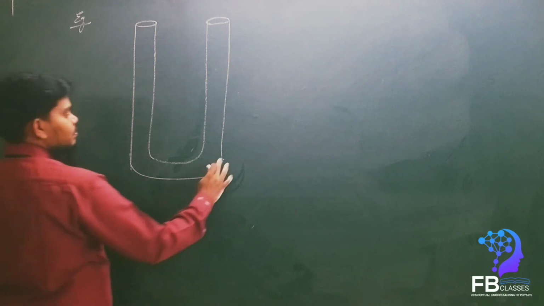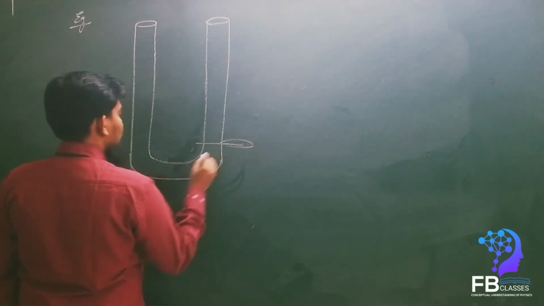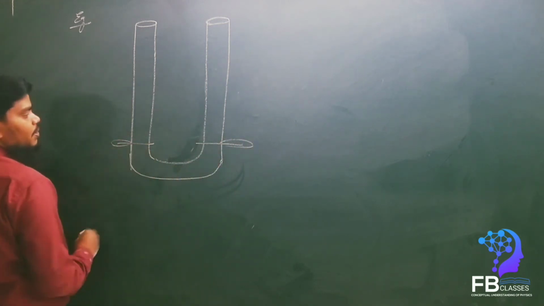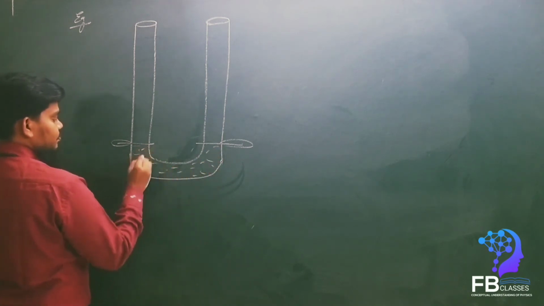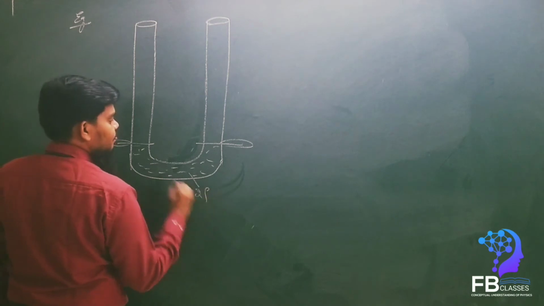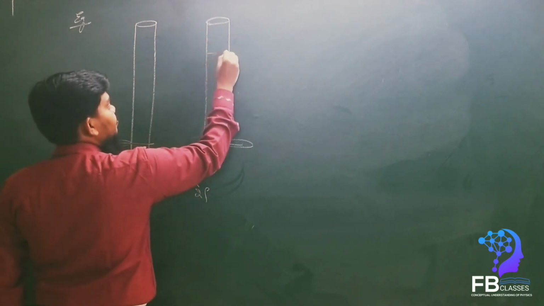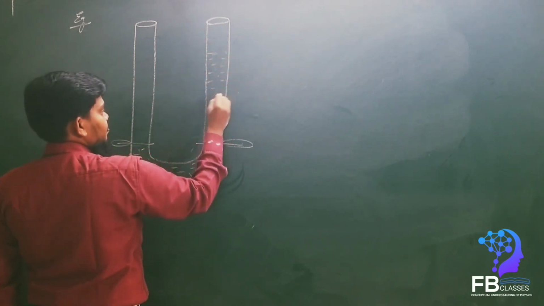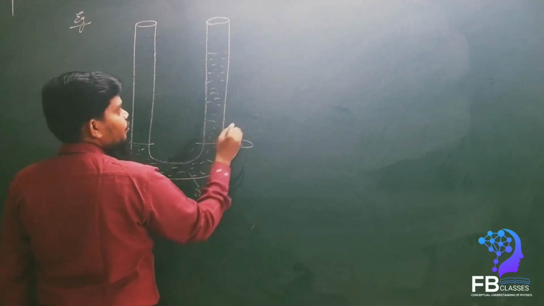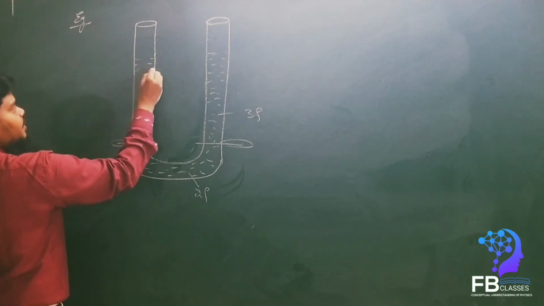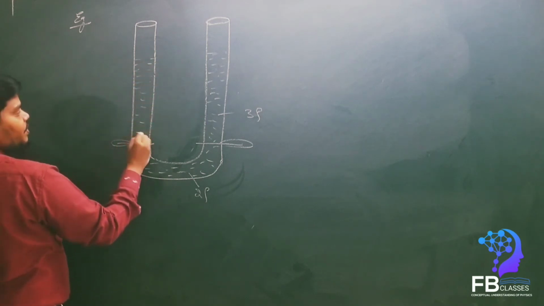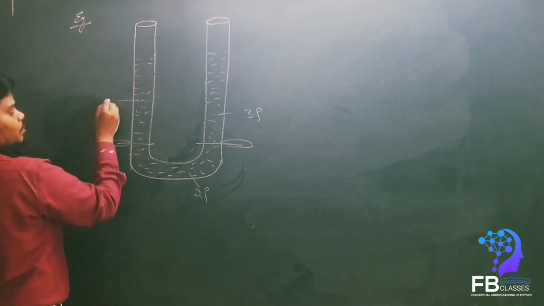Okay. Now here is the stopper. Here also is a stopper. Now this total liquid is filled with, let's consider, a 2 rho. Now this total liquid is filled with 3 rho. Let's take the same idea.